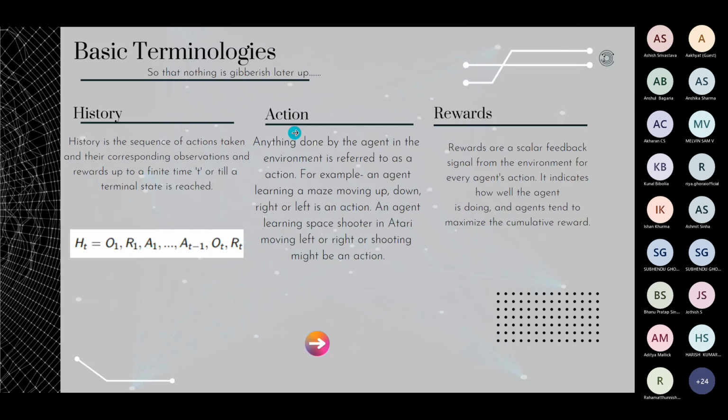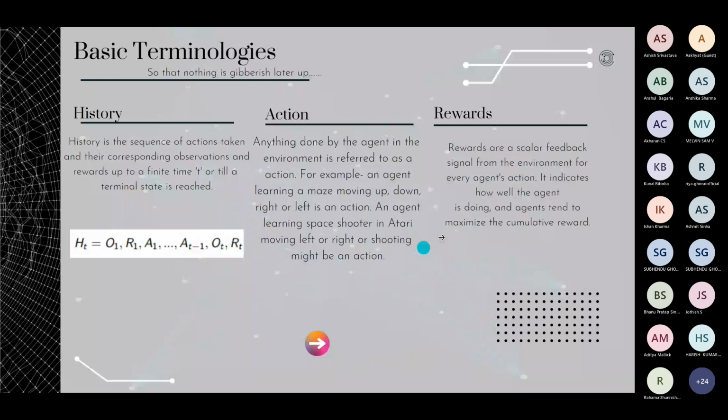Here we also came across the term reward. So what do we mean by rewards? Rewards are a type of response that you get from the environment for every action that you take, and this tells you whether the action you have taken is good or bad, and whether in future you should take this action.